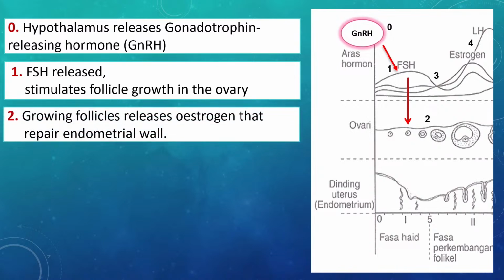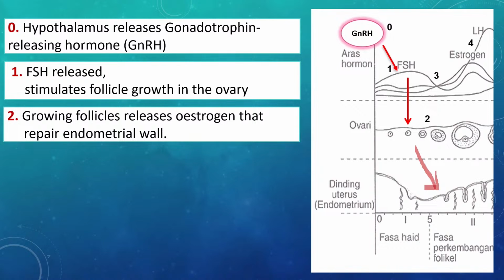As follicles are growing, they will release estrogen. And this estrogen will start to repair the endometrial wall. So you can see the endometrial wall slowly getting repaired.